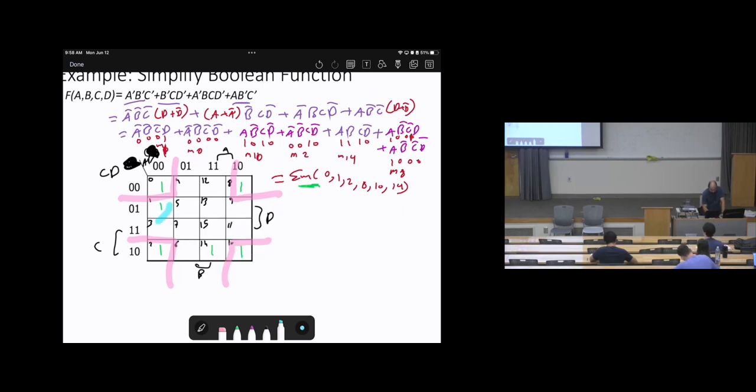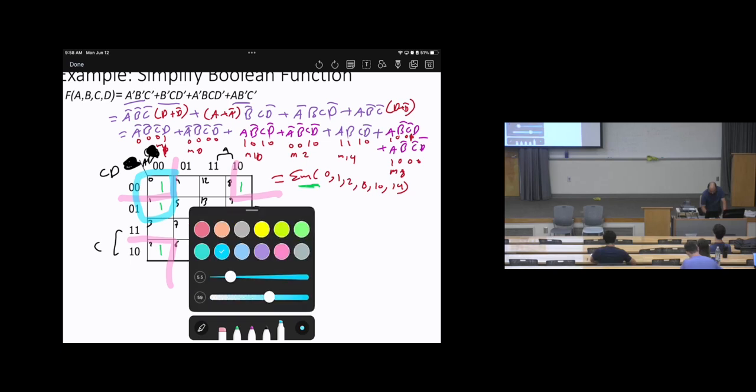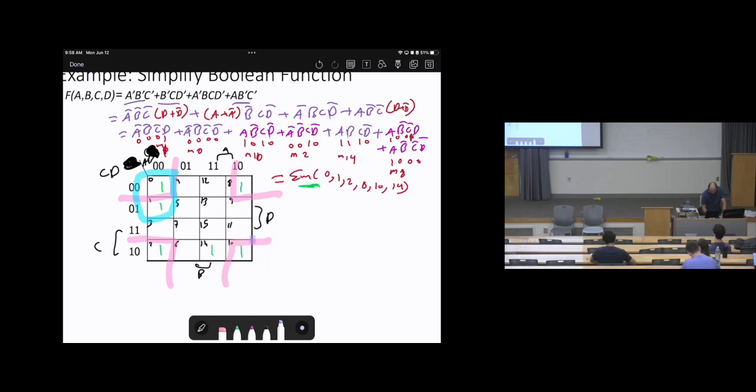We cannot group these three because we need a combination of 4s. So we need a group of 16, 8, 4, 2, 1. So we can group these two together. Then the other one that remains, we can group it this way, like this.